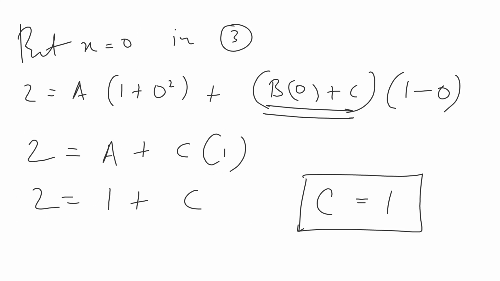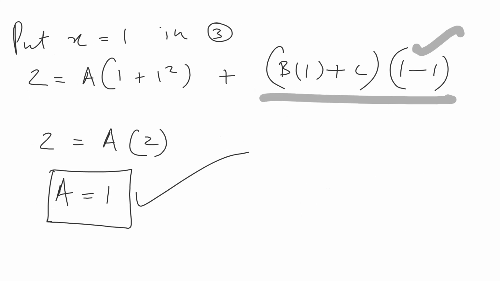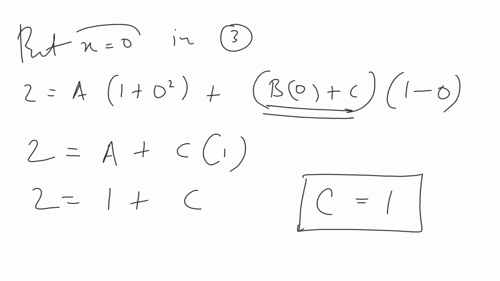Now for the third time, you are supposed to take the value of x as anything apart from 1 and 0, which have already been taken. Okay, so let us put x is equal to 2. Take simple values in equation number 3.